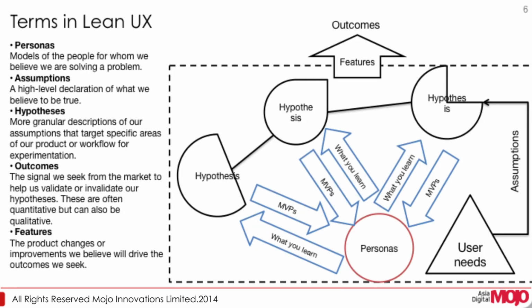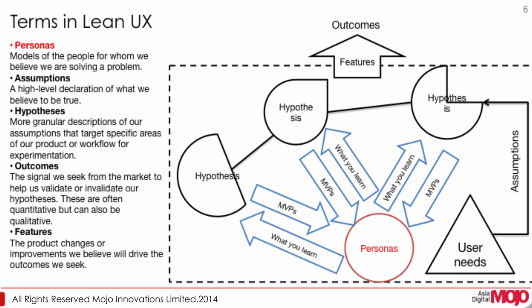There are several terms used in the Lean UX concept. As I mentioned before, all design concepts start from user needs. So a persona is a person we design for, someone we believe we solve the problem for.